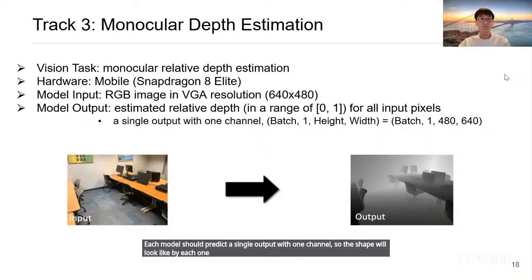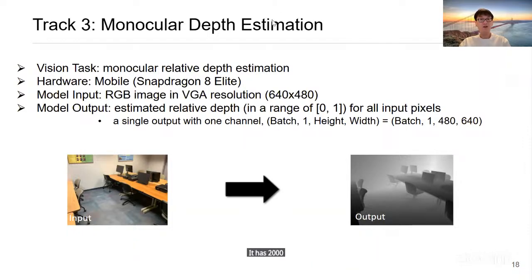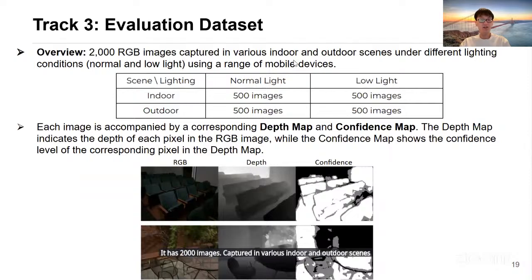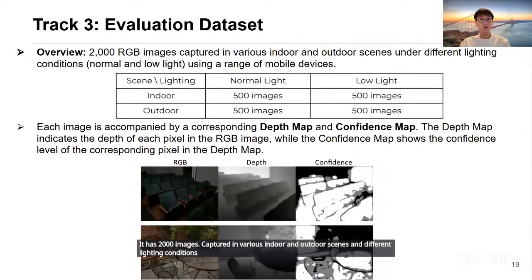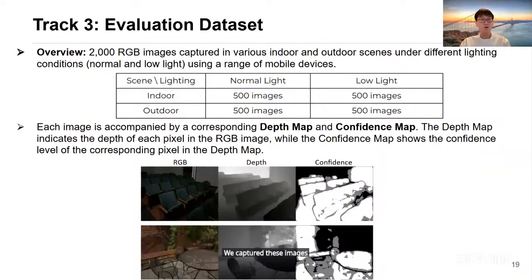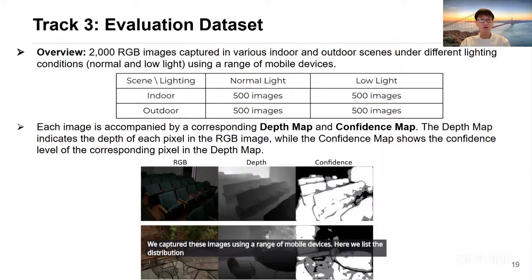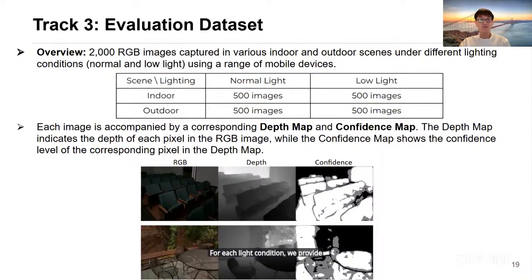For the evaluation dataset, it has 2,000 images captured in various indoor and outdoor scenes under different lighting conditions, for example, normal and low light. We captured these images using a range of mobile devices. Here we list the distribution of the data in this table. For each light condition, we provide 500 images for either indoor or outdoor scenes.